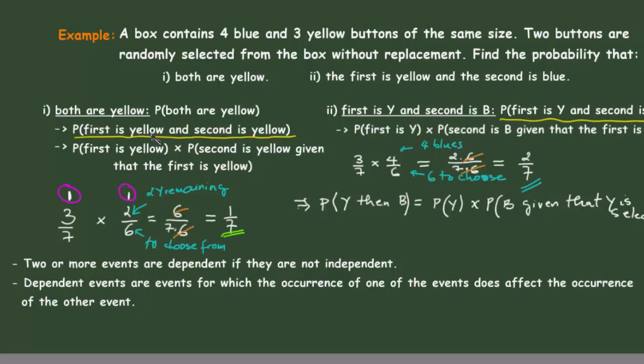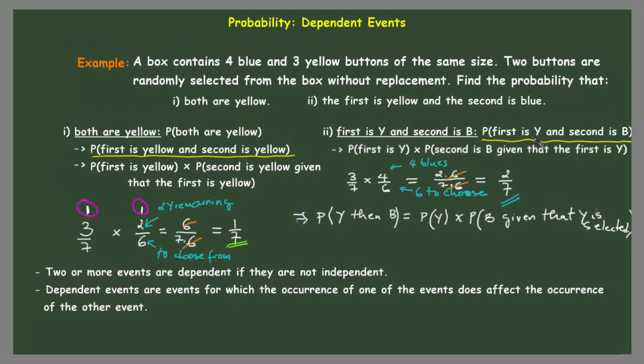As you can see here, we had two yellow buttons: the first button was yellow, and considering that the first is yellow, we could pick the second yellow. So they are dependent. The same thing goes for this one: we had the first button yellow, and in that condition we can pick the second one blue. That's why they are dependent, and it does affect the occurrence of the other event.